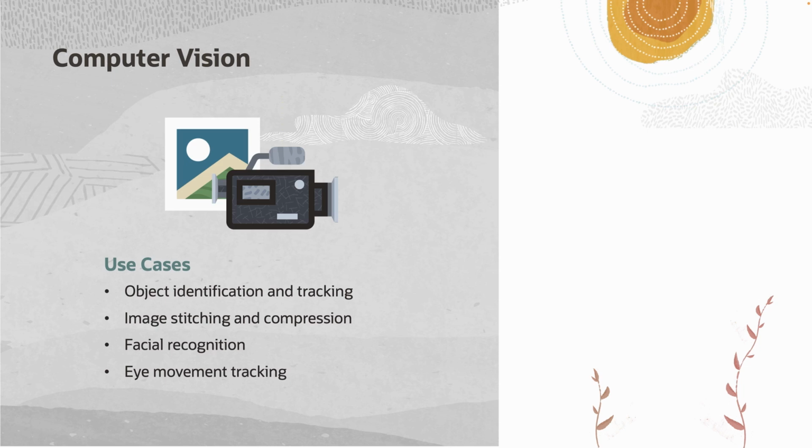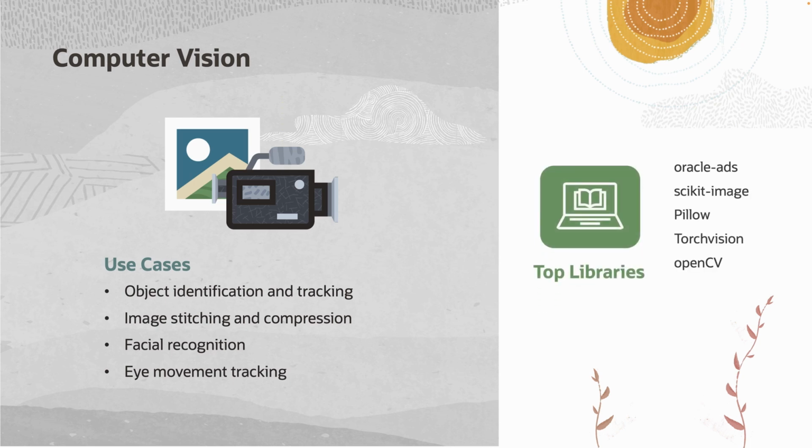Use the Conda environment for object detection, object tracking, stitching, compressing images, facial recognition, eye tracking, and much more. Some of the popular libraries that are included are scikit-image, Pillow, PyTorch, and the popular open source computer vision library OpenCV. This library includes several hundred computer vision algorithms.